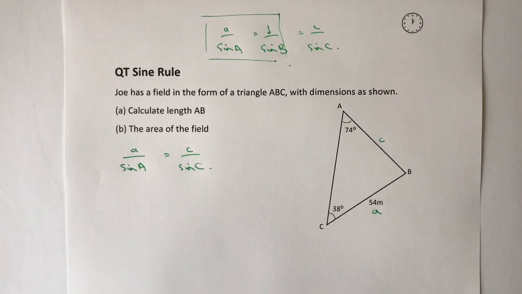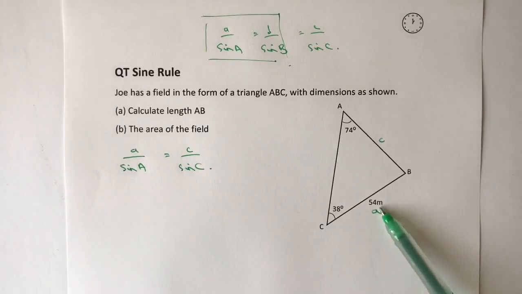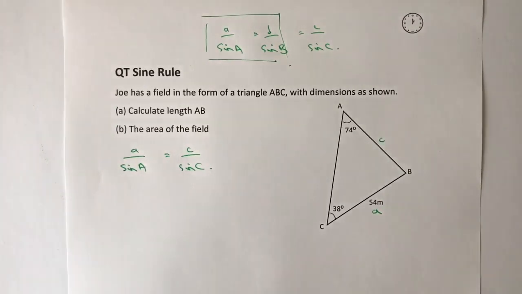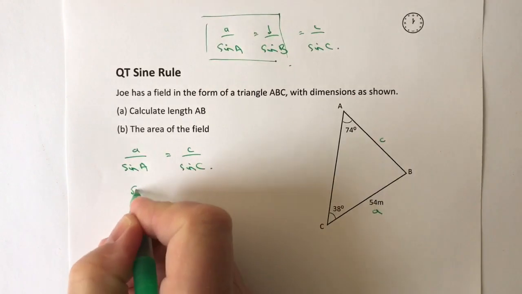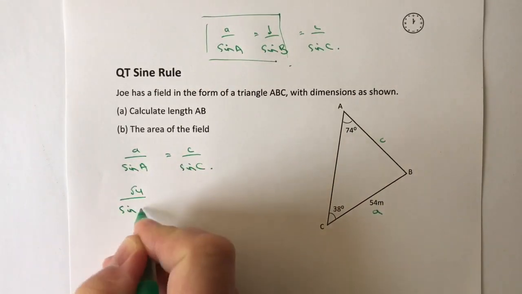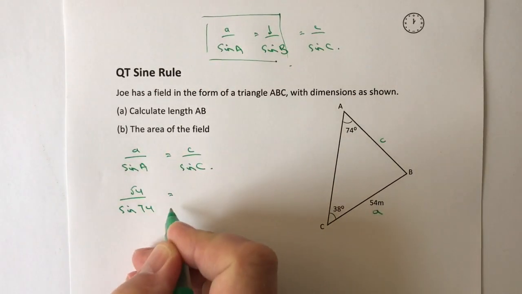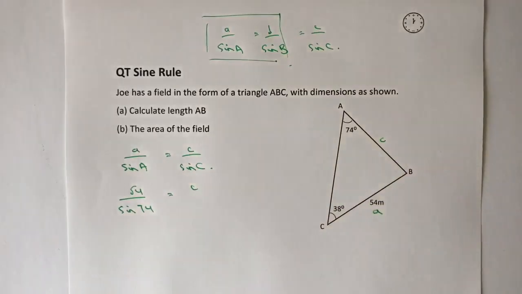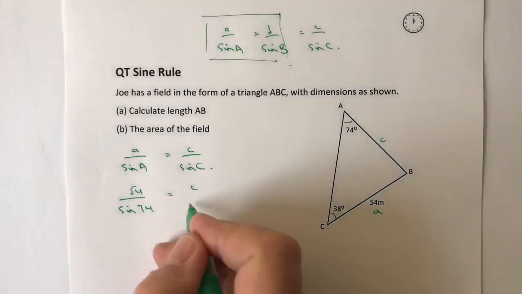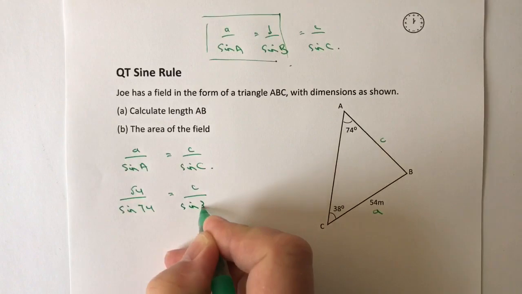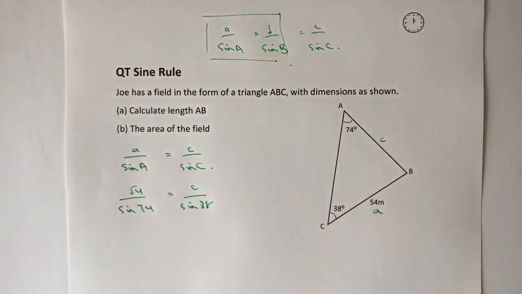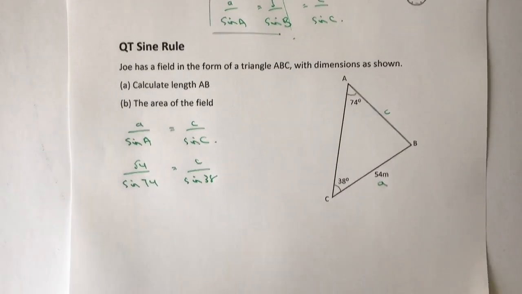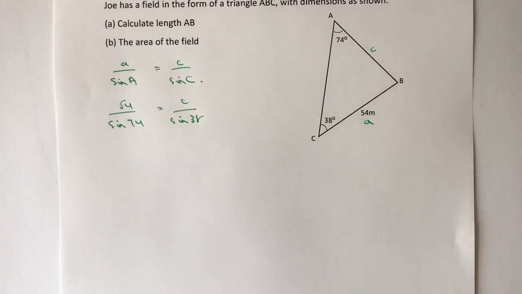So let's fill in some gaps. I've got a is 54 and angle A is 74, so I've got 54 over the sine of 74, and that equals c, which is the bit I'm looking for, divided by the sine of 38. It's just a case now of manipulating this equation to get c to be the subject.